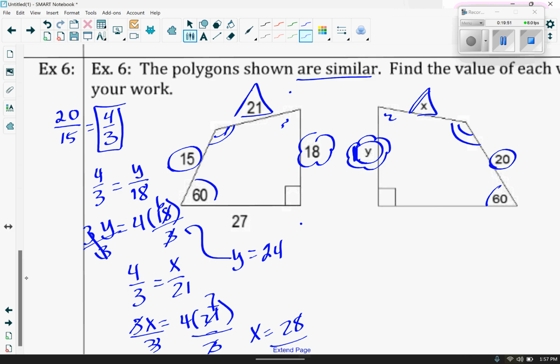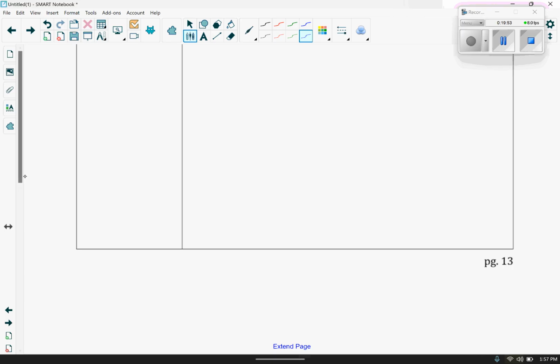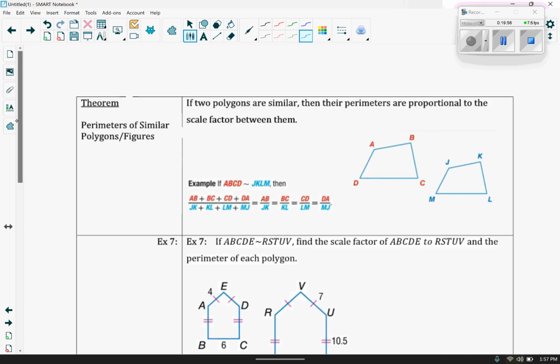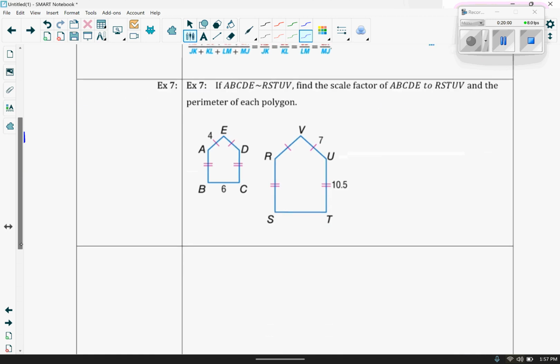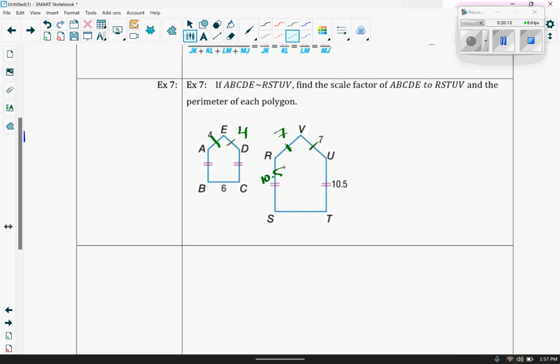The next one is just more about the theorem, restating it, and the last problem. Make sure you read the problem itself. So if I know this is 4, this other one has to be 4. If this is 7, this other one over here is 7. That's 10.5. This over here is 10.5. We're going to call this x, and this is x. And we just need to find x.